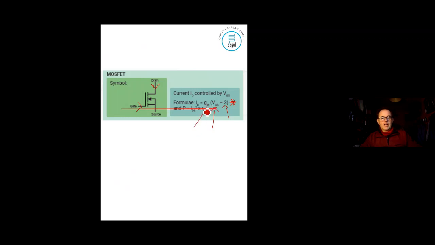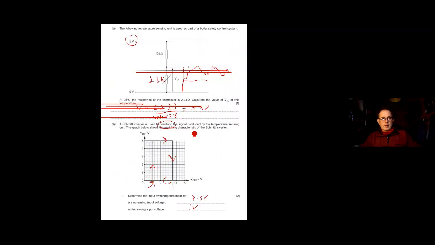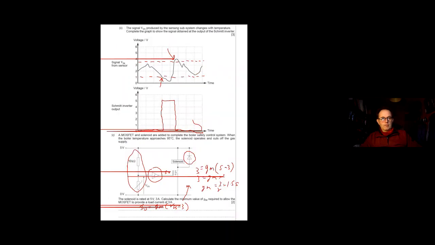GM is your gain, basically equivalent to the HFE. I won't say current gain, because it's more of a voltage gain than anything. And that concludes the main things for transistors and MOSFETs. Okay, thank you for that.